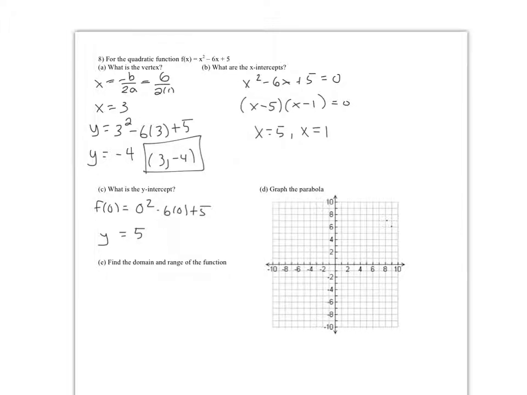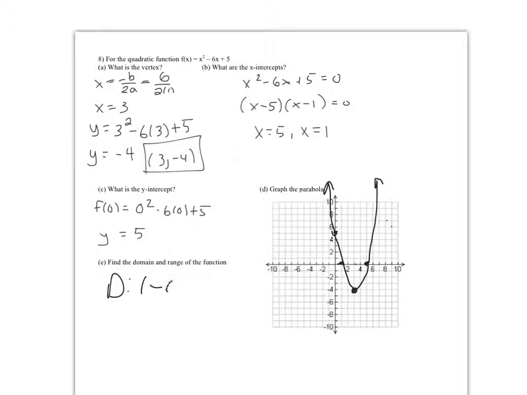And then if we go graph, my vertex is at 3, negative 4. And my x-intercepts are at 1 and at 5. My y-intercept, this one's on the graph, it's up at 5, and then I can sketch. And then what are the domain and range?